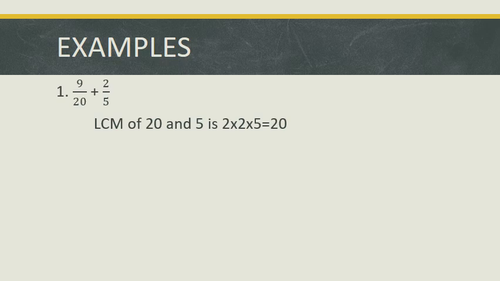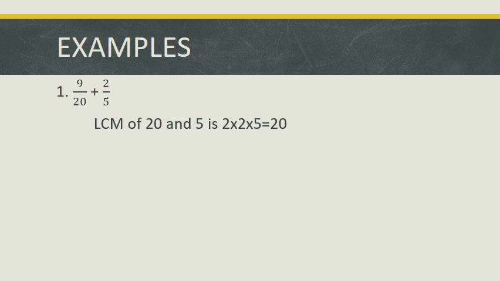So, the LCM of 20 and 5 is 2 multiplied by 2 multiplied by 5, which is equal to 20. Children, I hope you have already learned how to find out the LCM of any two or three given numbers. So, the LCM of 20 and 5 is 20.